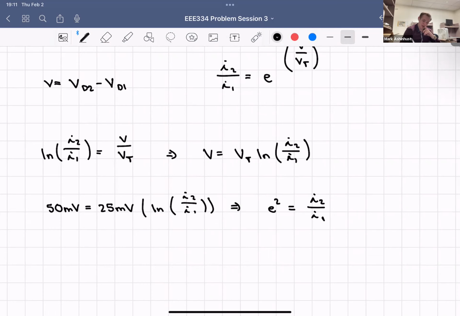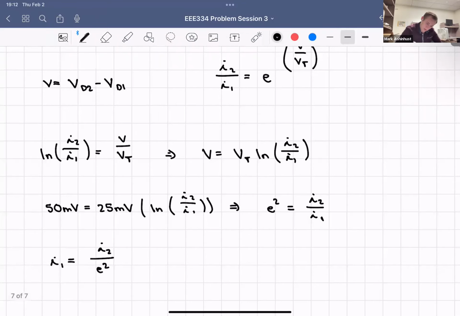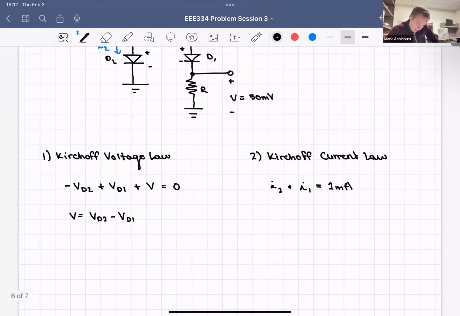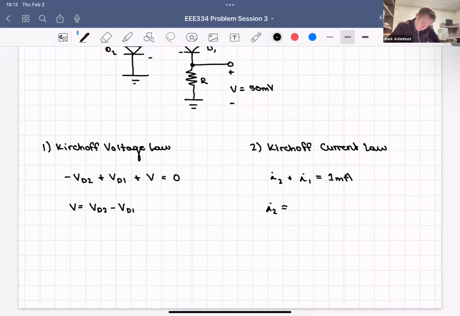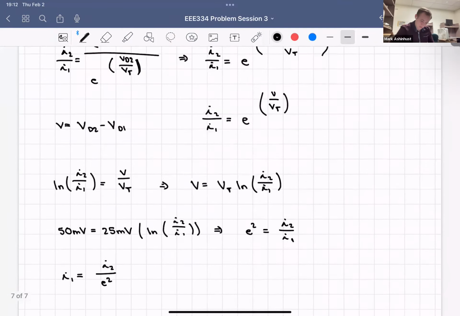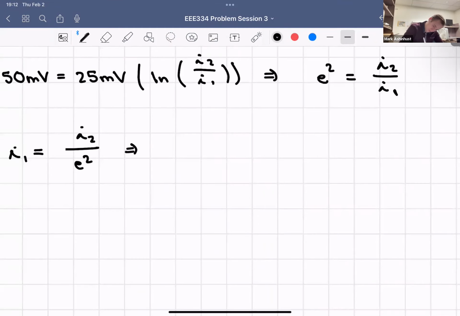And we know what I2 equals, so I1 equals I2 over e squared. Looking back, I2 is equal to 1 milliamp minus I1, so we'll put that in: I1 equals 1 milliamp minus I1, over e squared.